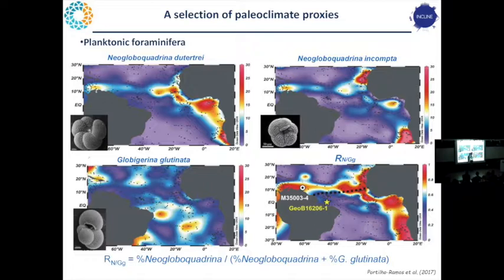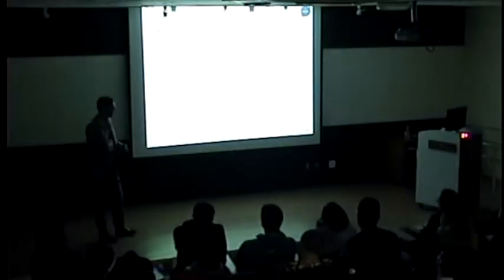So this will limit a lot the places where we will core. And because we are interested in very high temporal resolution, we have to go closer to the continents. We cannot go far from the continents. So these are some of the criteria we use to choose one or the other sampling site.